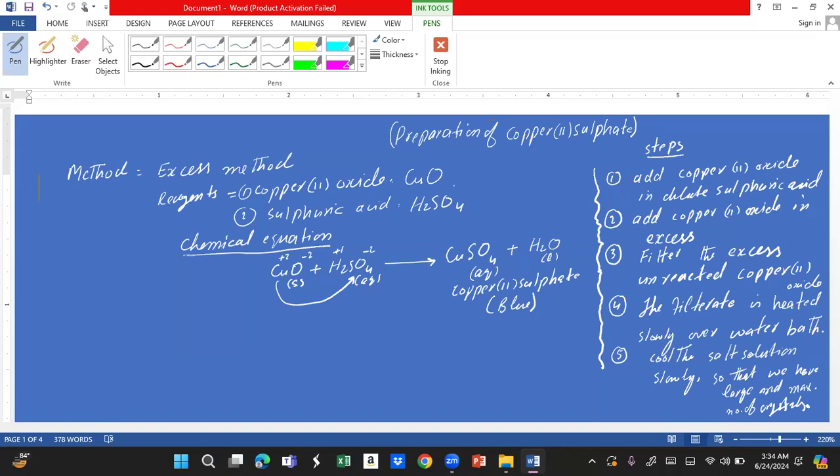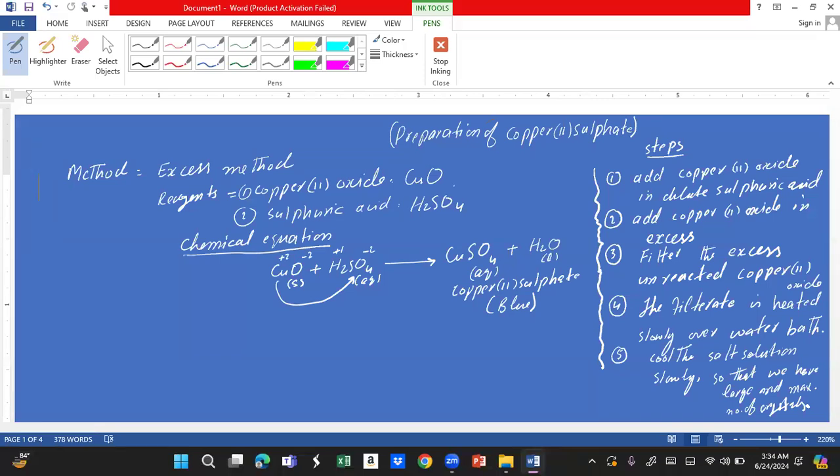Now, how to separate copper(II) sulfate from the whole mixture? For that, we have steps. First, add copper(II) oxide to dilute sulfuric acid. Again, add copper(II) oxide in excess so that all the acid is neutralized.